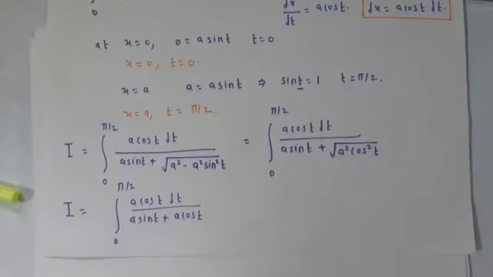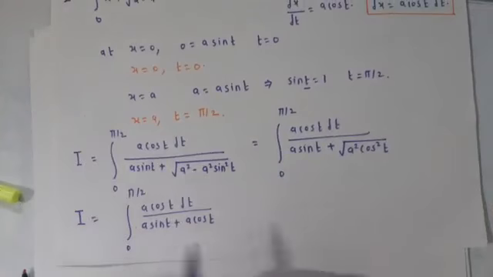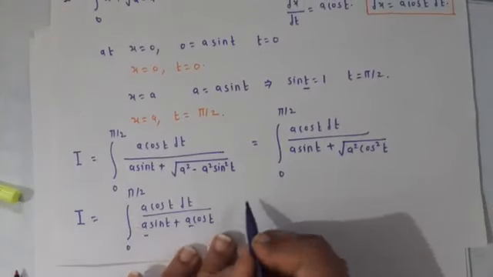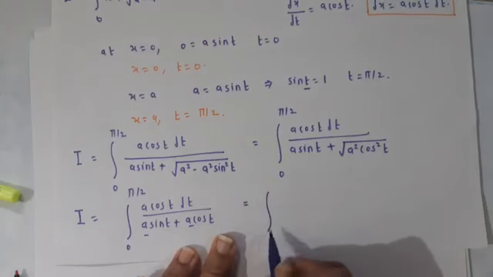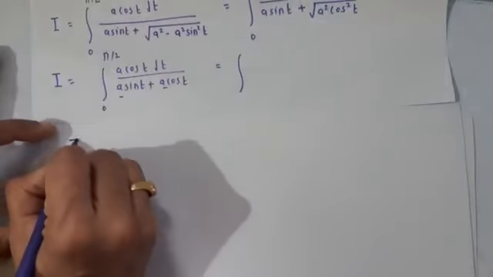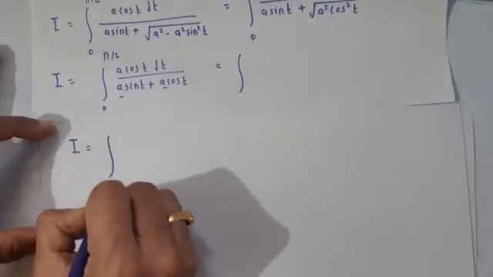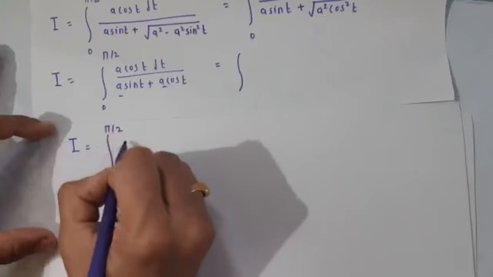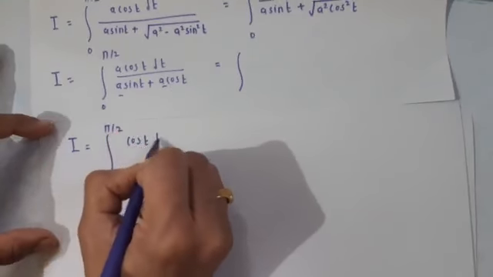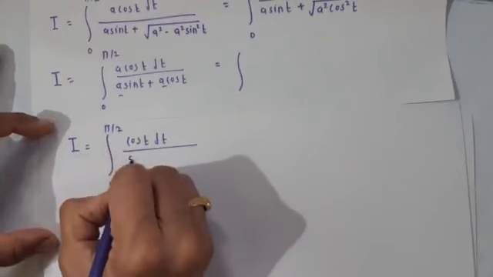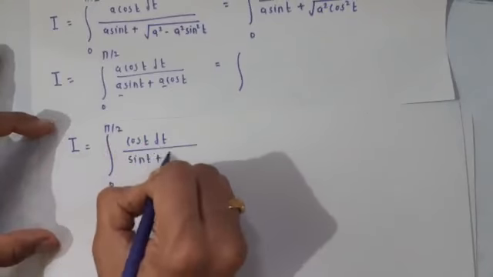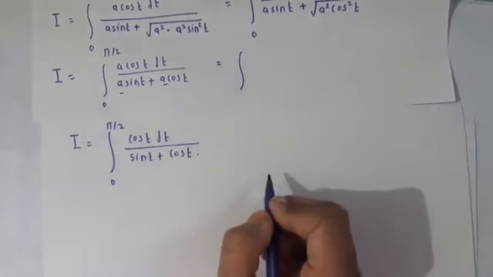Now take a common and cancel it with the numerator. We get the integral I equals the integral from 0 to pi by 2 of cos t dt upon sin t plus cos t.